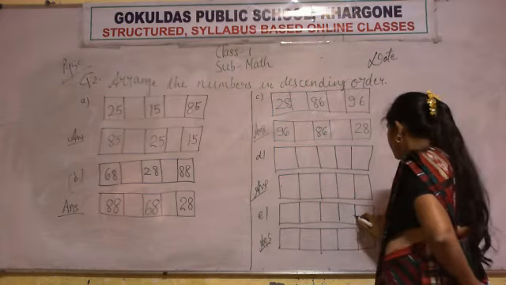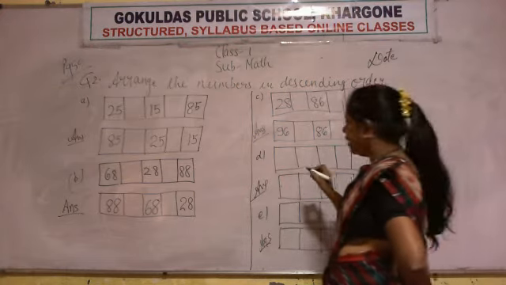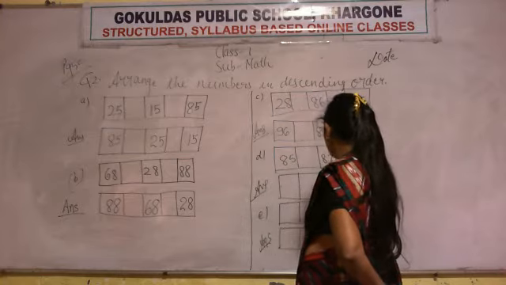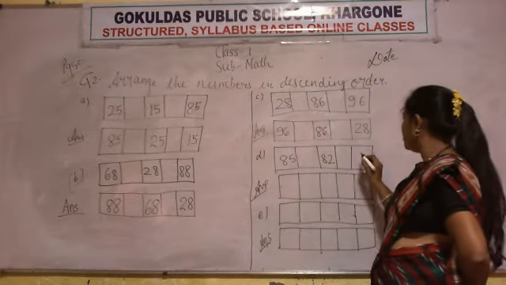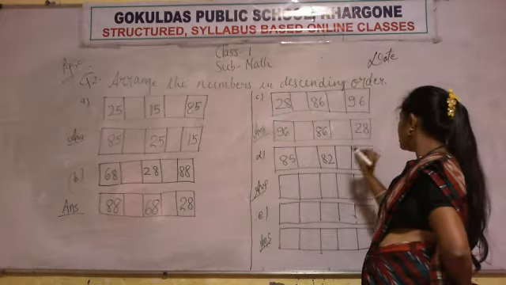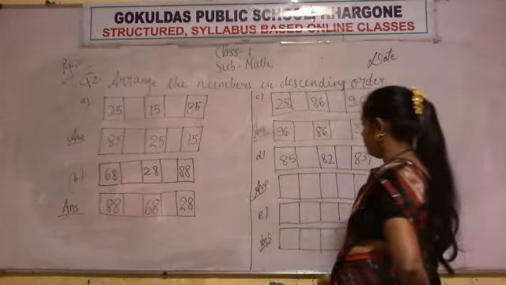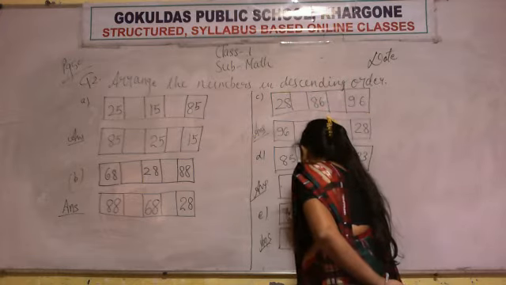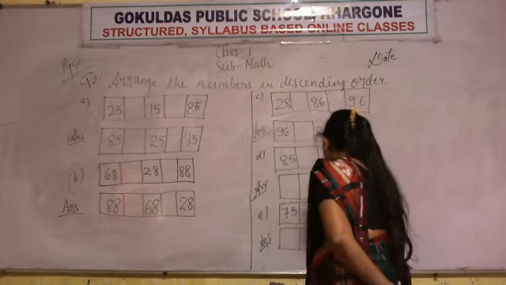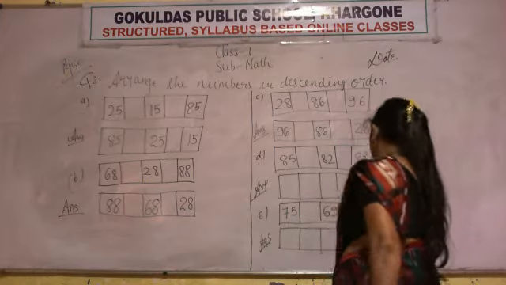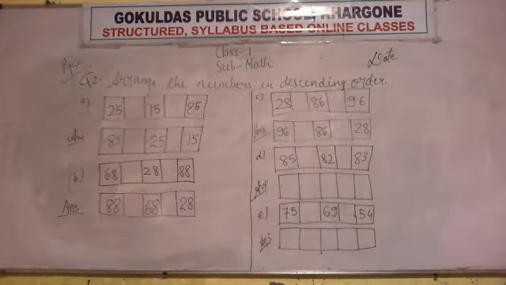Write the numbers 85, 82 and 83. This question you do yourself, and one more question I am writing here: 75, 69, 54. Now start solving this question D and E.